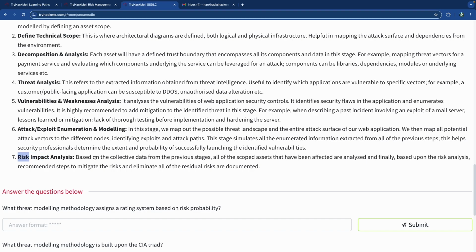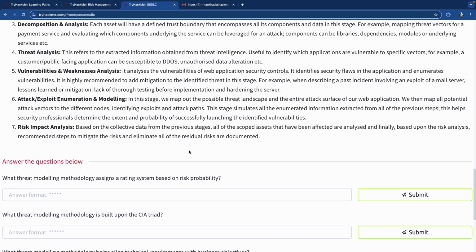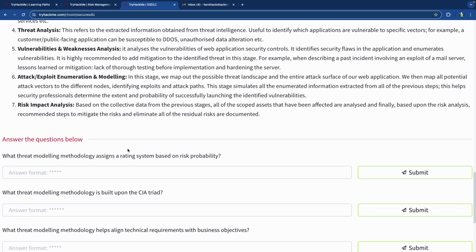So analyzing that based on the data from the previous stages, all the scoped assets that have been affected are analyzed, and finally, based upon risk analysis, recommended steps to mitigate the risk and eliminate all the residual risks, and then documenting all of those things during the last phase right here.